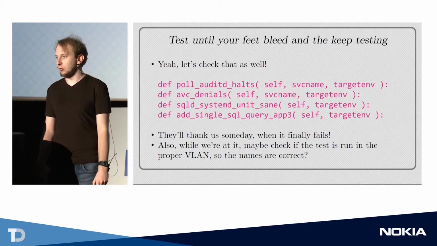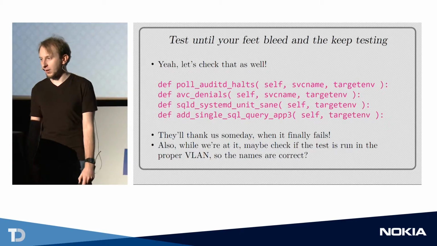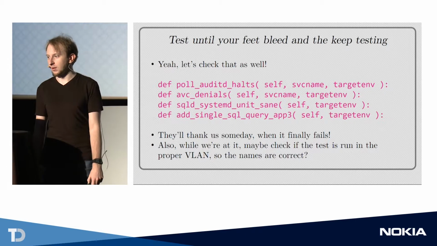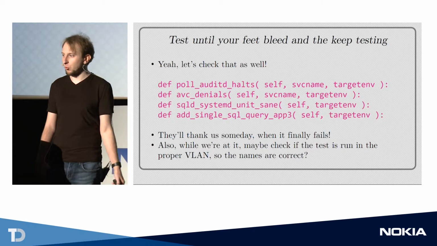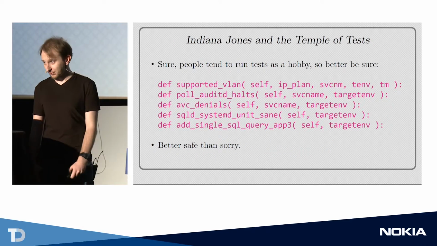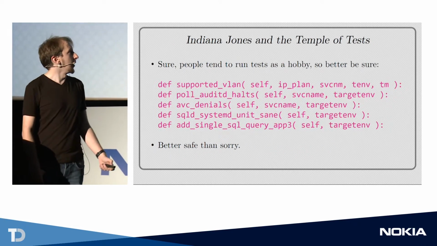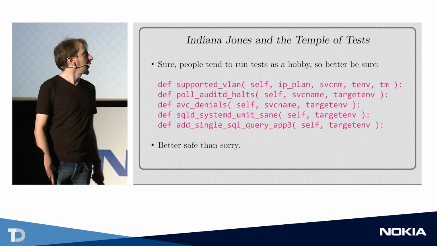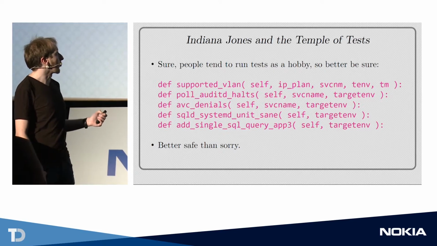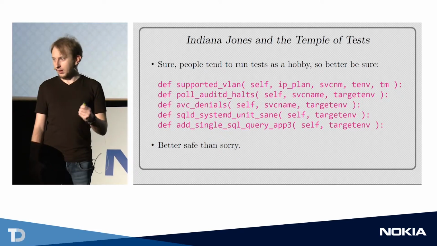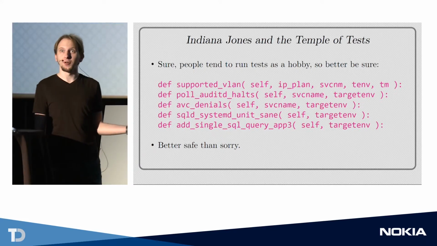Let's try to ask the audit manager if there is something wrong there. Let's ask the network guys and so on. So, yeah, let's do all this just to find out if we can perform a SQL query. Yeah, better safe than sorry.